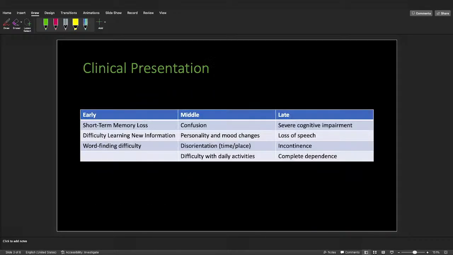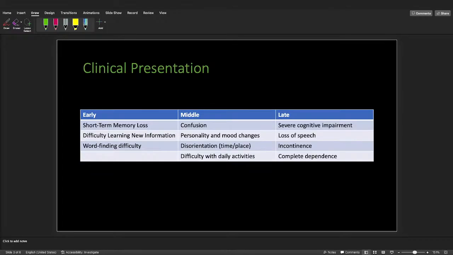So here's a clinical presentation. It's a very short chart. Basically, in the early stages, you're going to see short-term memory loss, and also maybe some difficulty learning new information and word finding difficulty.